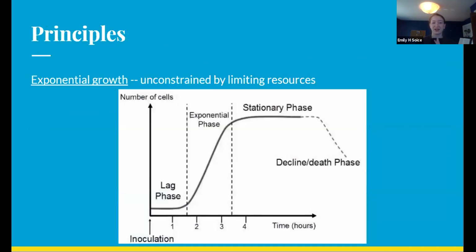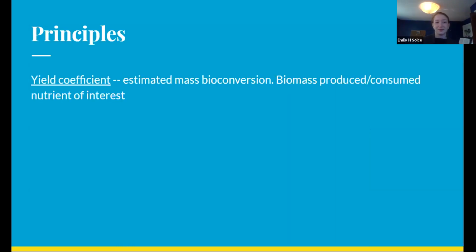So the first one we said there was exponential growth. Exponential growth of cells occurs when the cells are unlimited by resources. So they have enough resources both in the bioreactor, but also those resources can reach your cells.